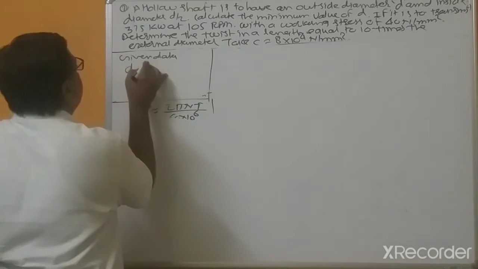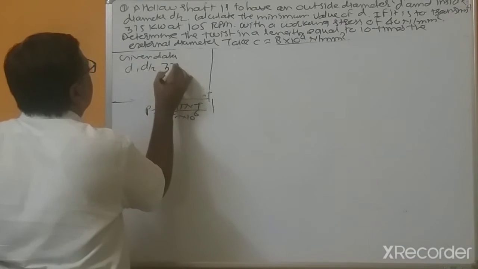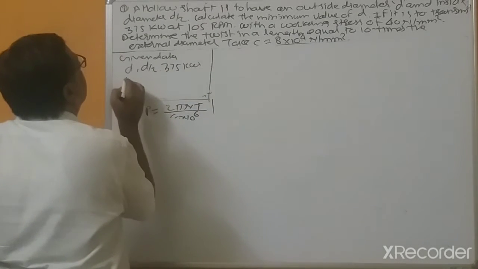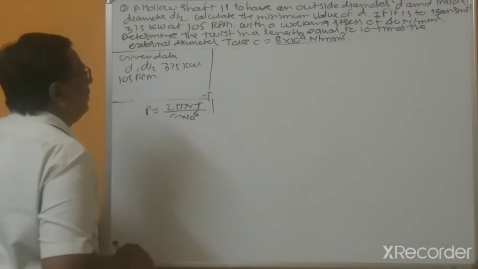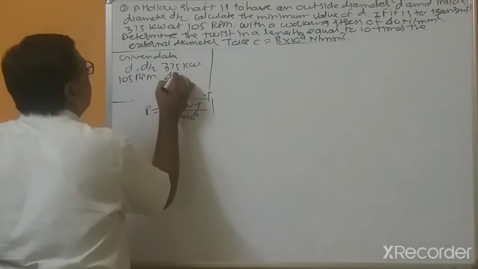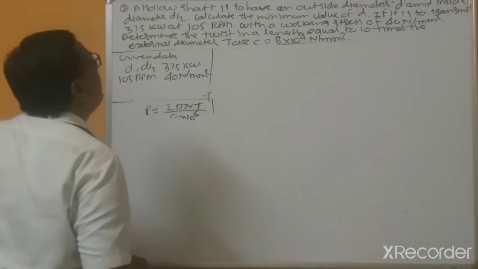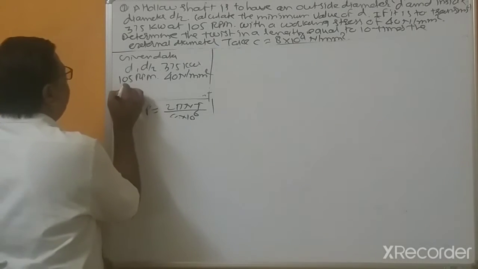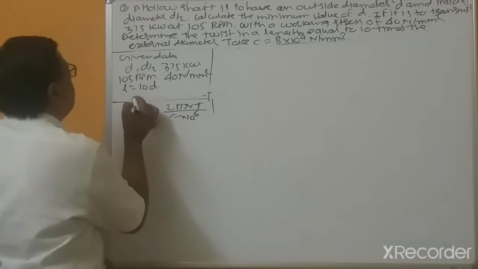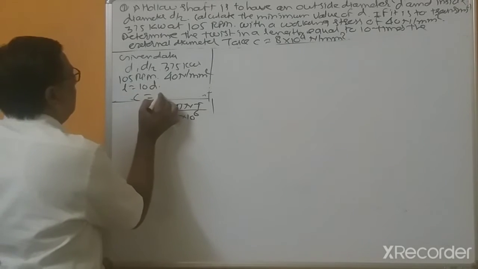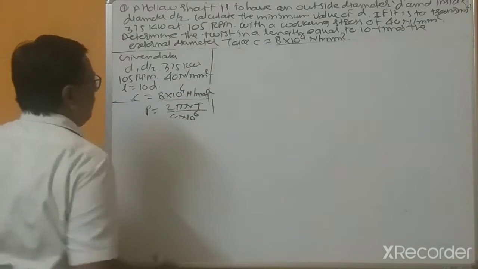Inside diameter is D by 2, outside diameter D, 375 kilowatt, 105 RPM, 40, length, C equal to 8 into 10 to the power 5, and this is given.